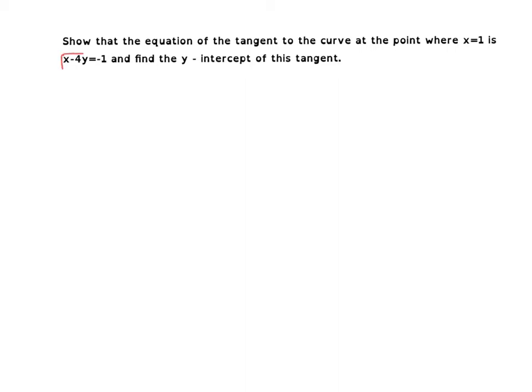We have to show that the equation of the tangent to the curve when x is equal to 1 is equal to this equation, and find the y-intercept of this equation, x take away 4y equal to negative 1. So we do need to find the equation of the tangent. We have seen it before. To find the equation of a tangent, we are looking for the point of contact.